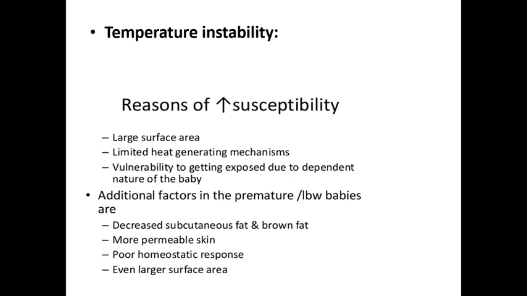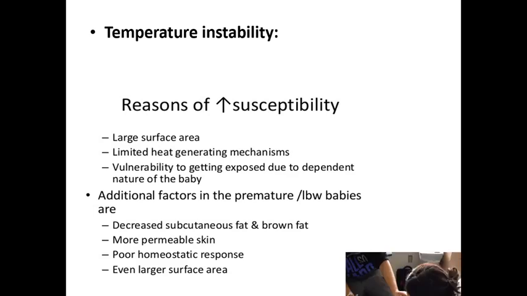Their fats are not properly developed, and they have a more translucent, permeable skin, and an even larger surface area, so that in preterm babies the chance of losing heat is more compared to a normal newborn baby. So therefore the preterm babies are more prone to develop hypothermia.